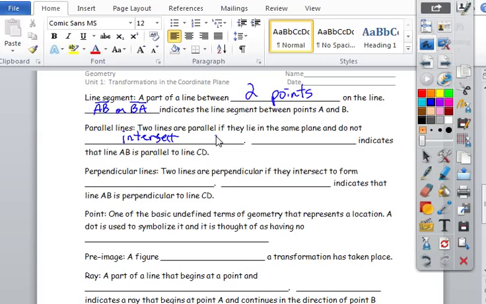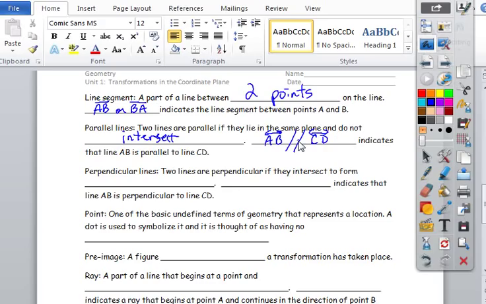All right, and if you ever see this, what does that mean right there? Line AB, that's infinite, is parallel to line CD. Those two little slashes, if you see those, that means parallel. So this right here is saying line AB is parallel to line CD.